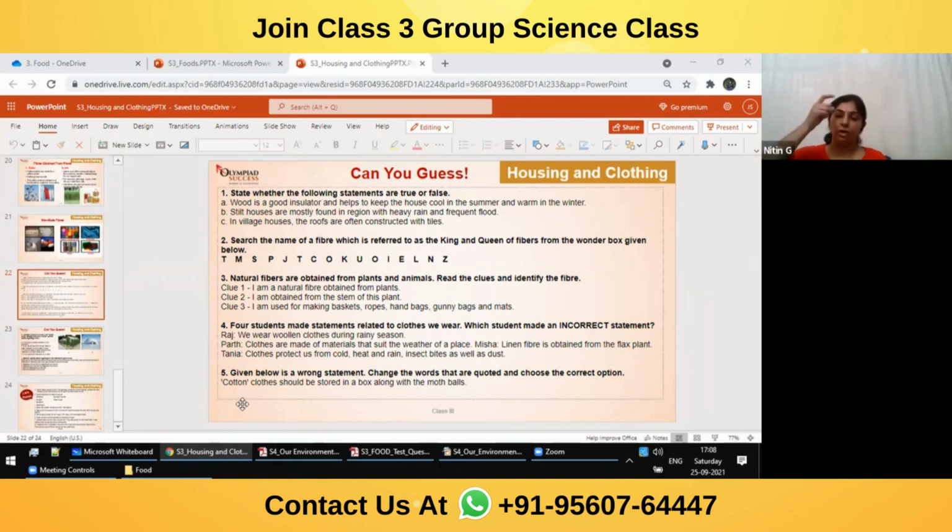Mothballs are the white color balls when your mother preserves the woolen clothes after the winters. She puts mothballs also, so that the woolen clothes should not be attacked by the insects. So answer here, instead of cotton, it should be woolen clothes.